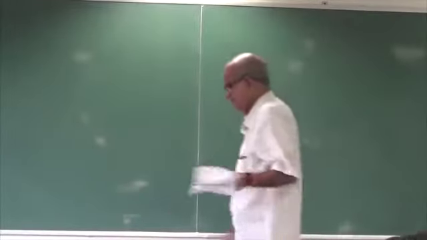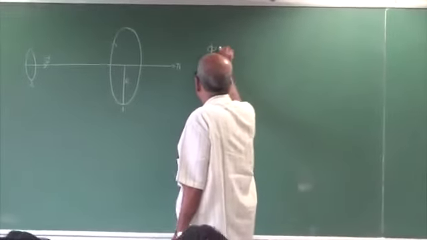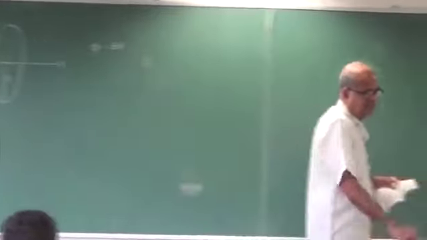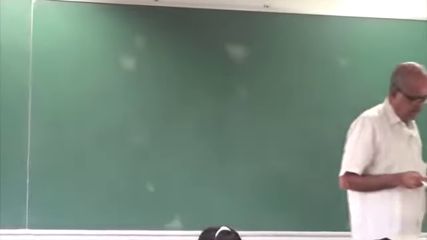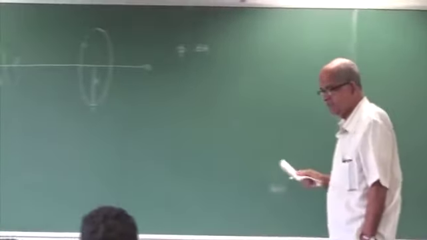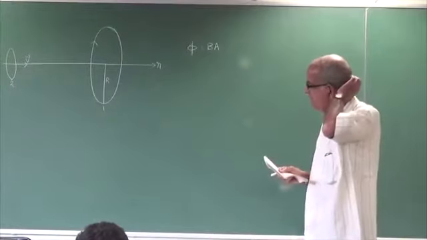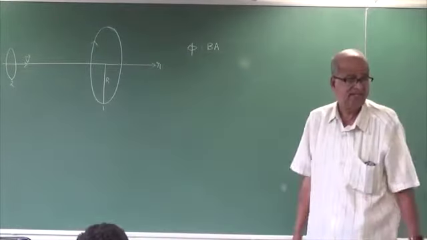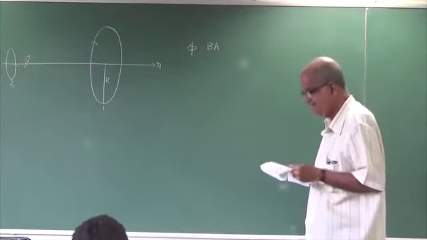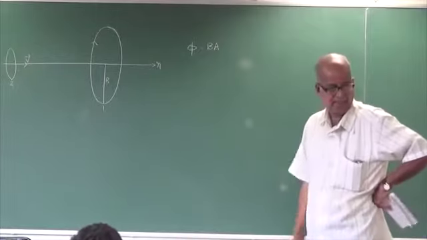So, flux linked with coil 2 is φ equal to B dot A, which here is BA, you can put because theta is 0, where B is the field produced by coil 1 at the location of coil 2, and A is the area of coil 2, correct?